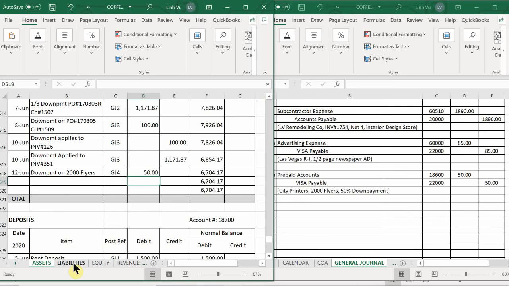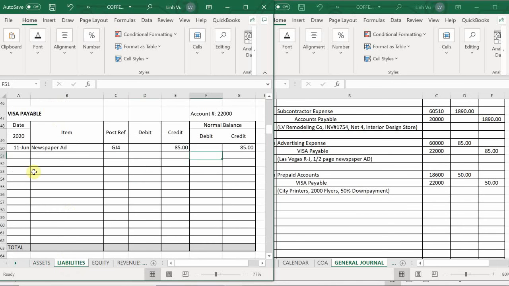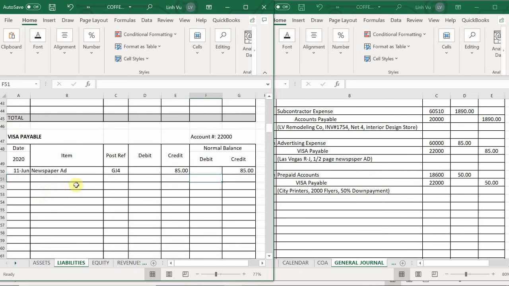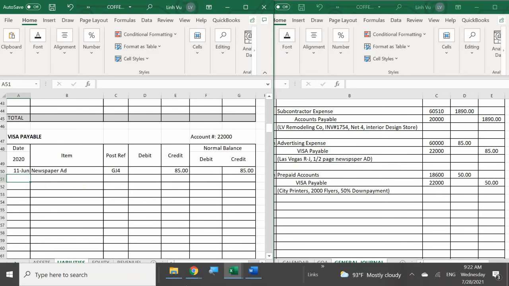Okay. And then let's see what else is on our journal here. We have a Visa payable. So we need to go to our liabilities account right here. The last transaction we did was a Visa payable account. So there you go.